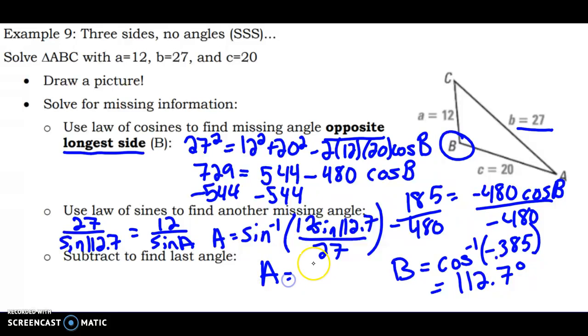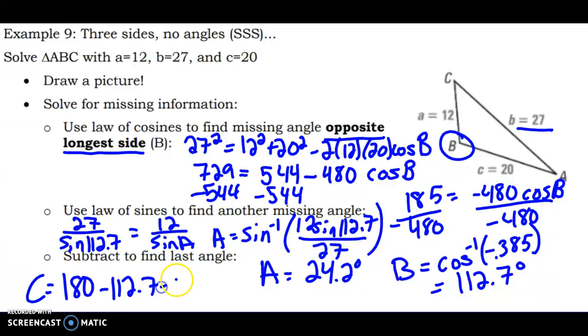So A equals 24.2 degrees. To find angle C, now that I have two angles, I can find the third by subtracting from 180. Which equals 43.1 degrees.